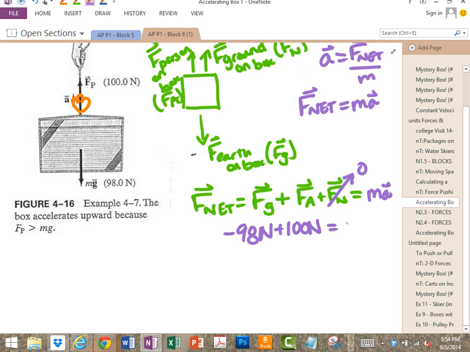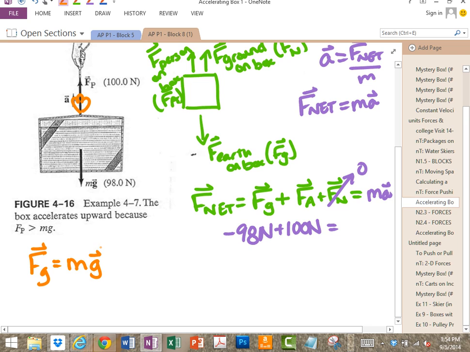It's not terribly apparent yet, but we can find it, can't we? Because we know that Fg is equal to mass times acceleration, isn't that the truth? And you know that this is 98, and you know that g is 9.8 or whatever, right? So what's the mass? 10. Whoa!